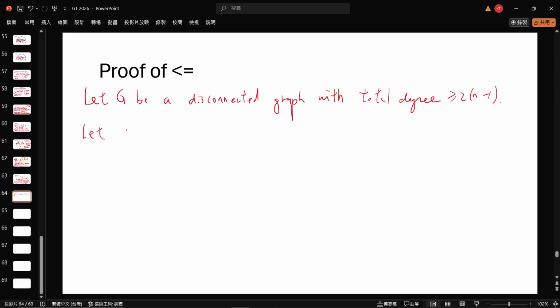So let's assume that we have components H1, H2, up to HK.